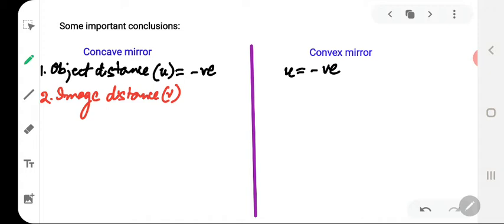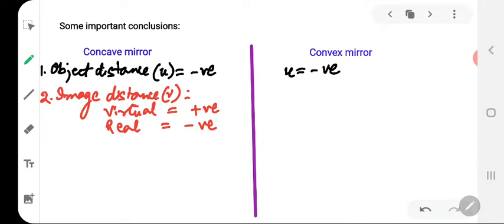If an image is formed behind a concave mirror to the right side, that is, it is a virtual image, then the image distance is positive. But if the image is formed in front of the mirror on the left side, that is, it is a real image, then the image distance will be negative.